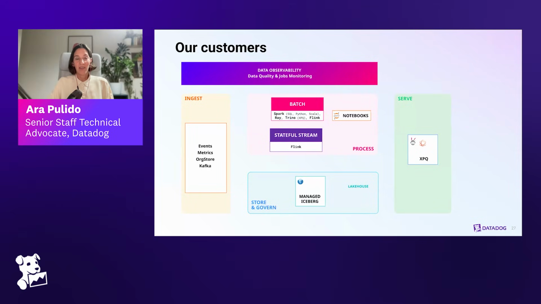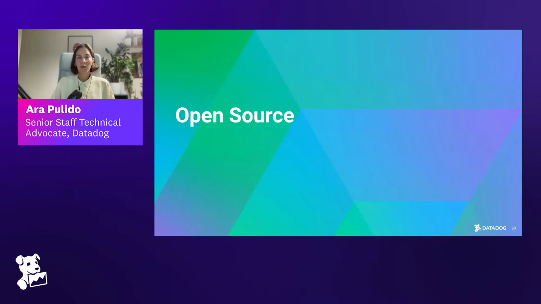Good. So thanks. Before we go to questions, we're finishing, but I wanted to touch on open source. I'm part of the open source programs office here at Datadog, so I'm very interested in how we operate in those ecosystems, how we are part of those ecosystems, and obviously Apache Iceberg being open source, we've made some contributions back to that community.